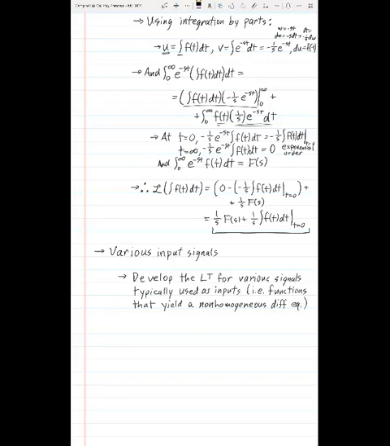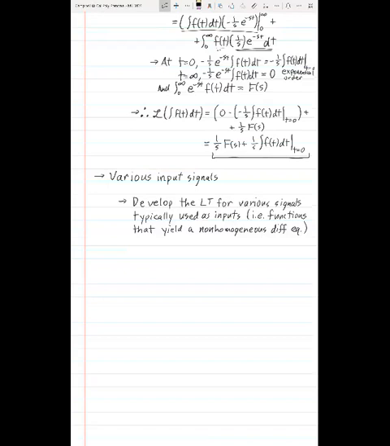Okay. So why is this so interesting? Well, let me discuss that after we do this first transformation.